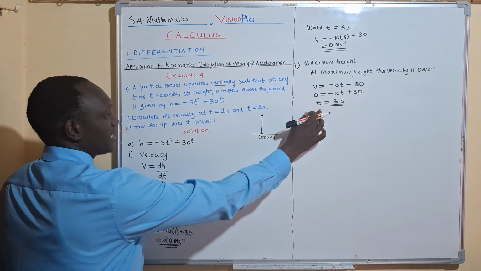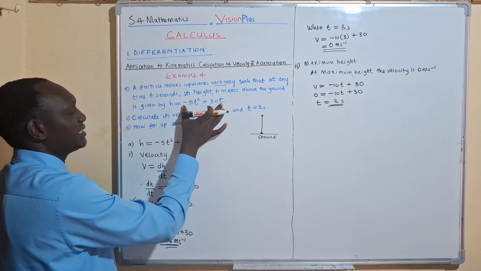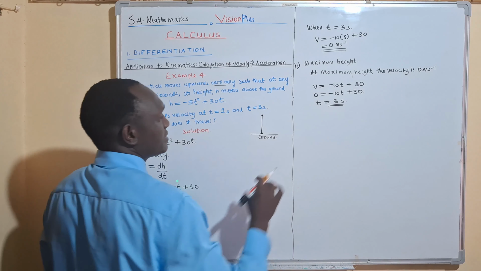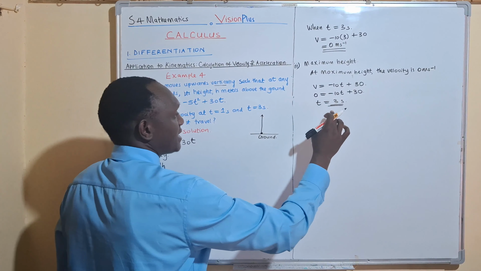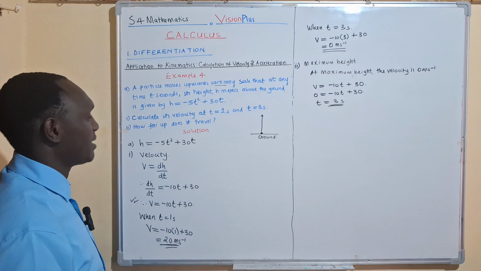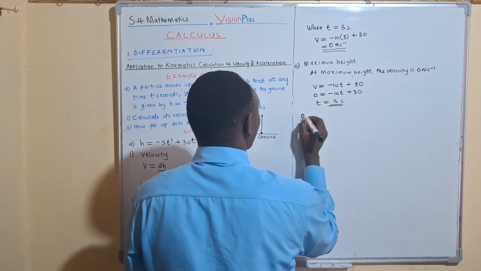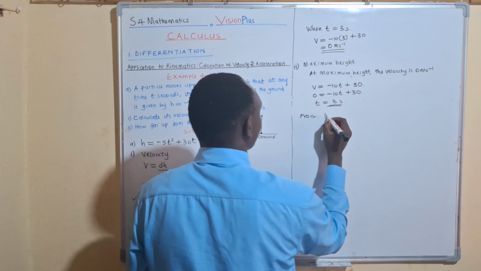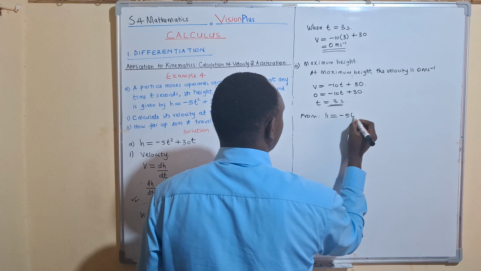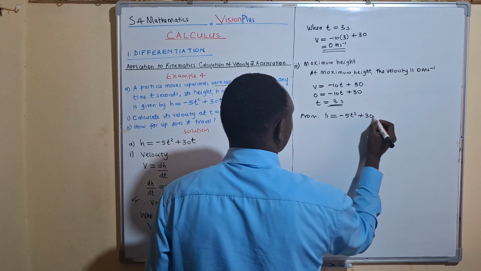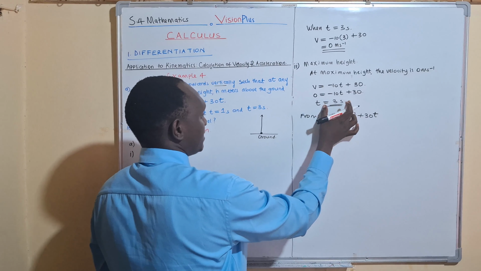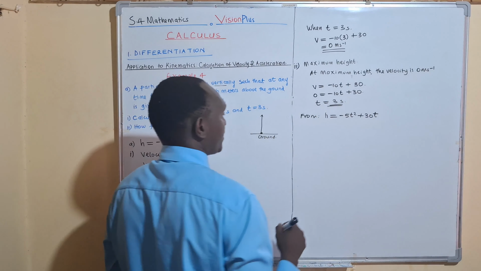Therefore, we use this time 3 seconds and get the height at the time 3 seconds. Why? Because 3 seconds is the time when the velocity is 0 and the velocity is 0 at the maximum height. So from our expression for the height above the ground at any time t, which is negative 5t squared plus 30t, let us substitute for the time of the maximum height, and that gives us the maximum height.